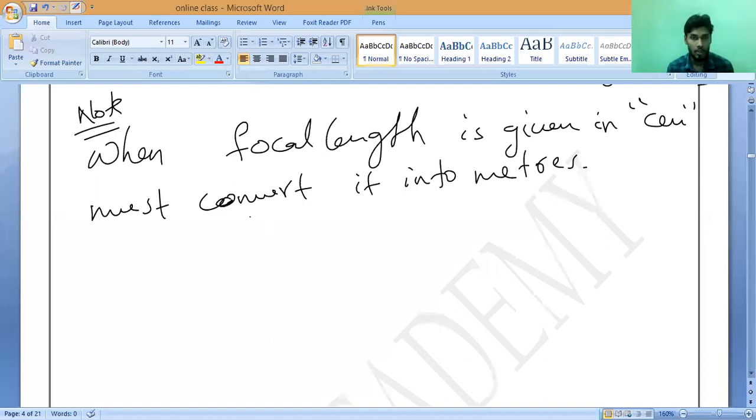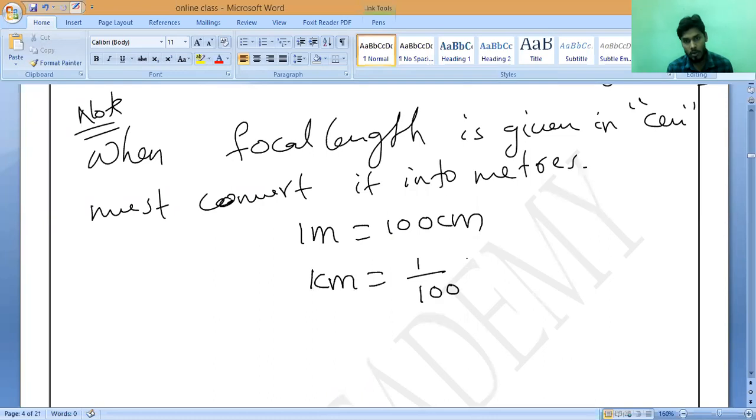As we know, 1 meter equals how many centimeters? 100 centimeters. In the same way, 1 centimeter equals how many meters? 1 by 100 meters. That is what you should remember.